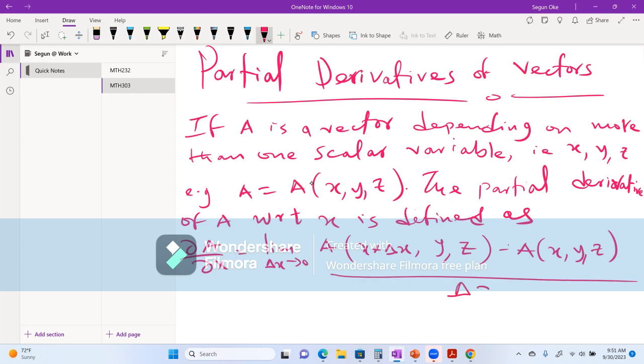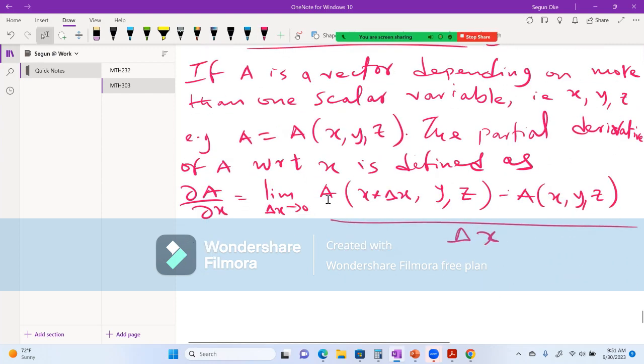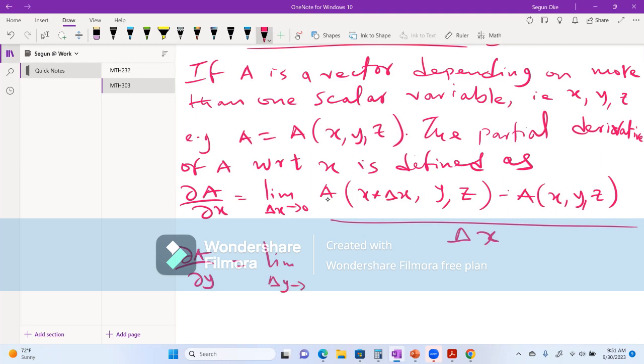Change in x. Remember, we only pick x. If it is y, you put change in y there. If it is z, you put change in z there. So the same thing happens to the y: the limit as change in y tends to 0.